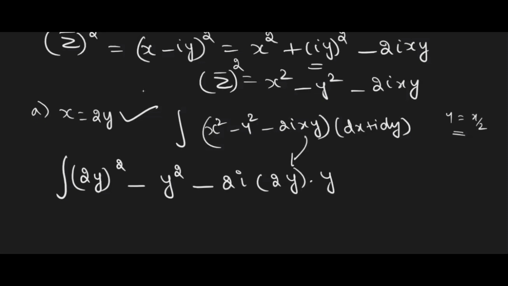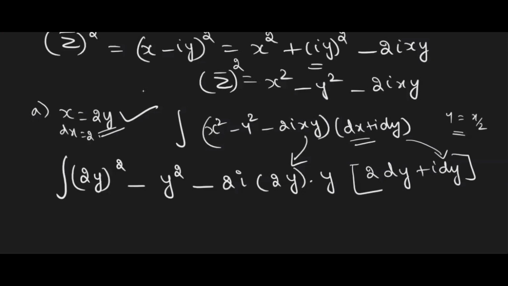We have just replaced this x. So if x is 2y, what is dx? 2 dy. The second one I am writing as it is, dy. So now everything has changed to y, the entire function.